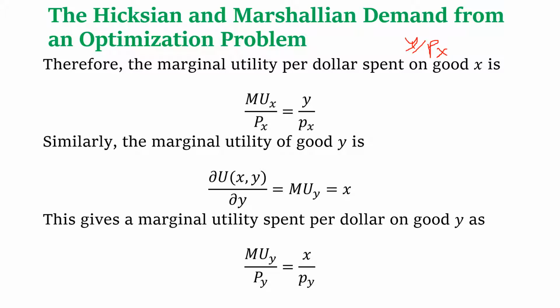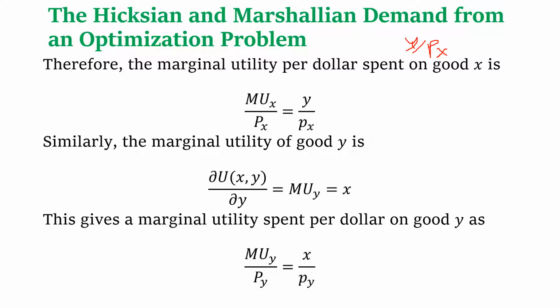Got it? Now, the marginal utility of good y is also what? It's x. That is the marginal utility of good y. And so the marginal utility per dollar spent on good y is going to be MUy over Py, which is just x over Py.